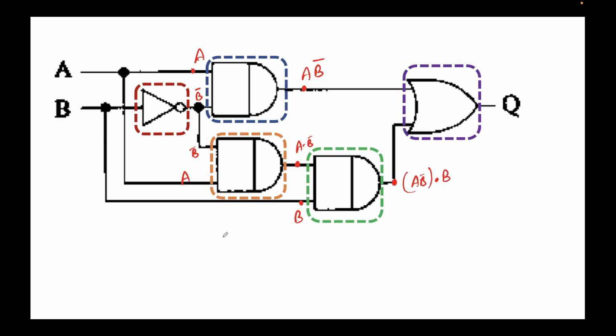This is an OR gate, so OR gate will be the first input, a b bar, plus the second input, which is nothing but a b bar b. Now we have seen a couple of slides back that b bar b will be 0, so this term gets dropped. So the final answer would be q equal to a times b bar.